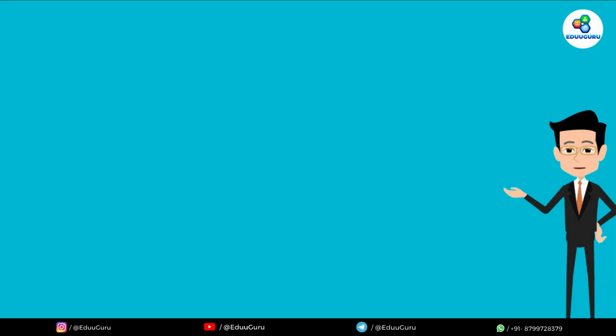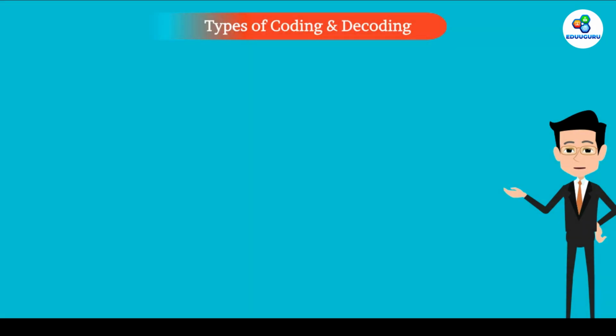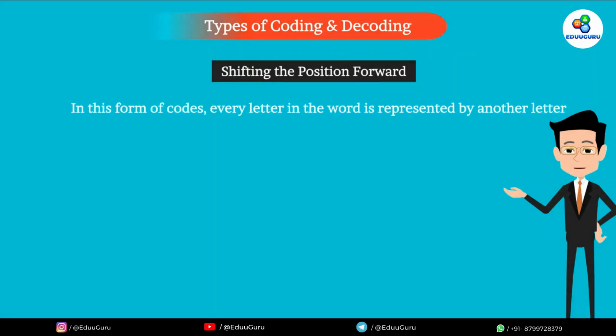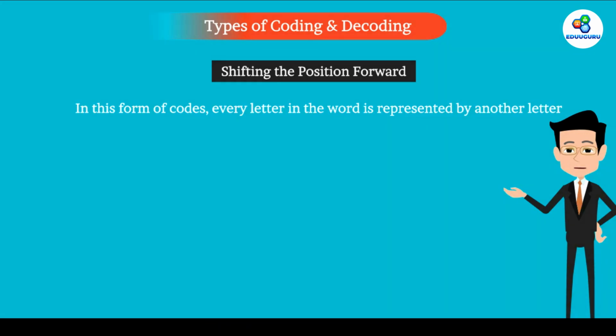Now let us learn about different types of coding and decoding by taking the word TABLE as an example. Shifting the position forward. In this form of code, every letter in the word is represented by another letter. The word TABLE is written as U, B, C, M, F. The logic behind this kind of coding is shifting of letters.